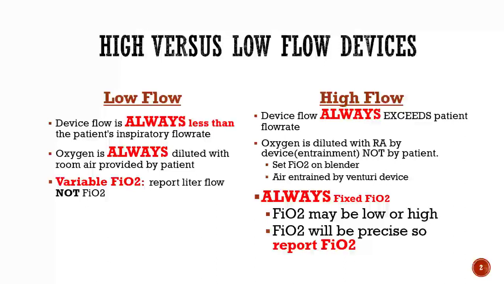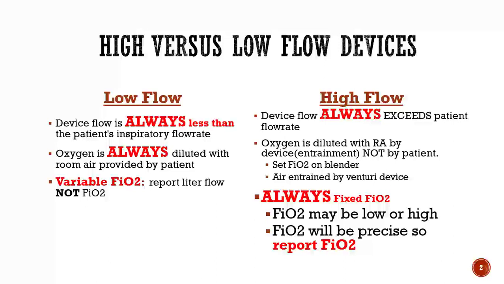So it is impossible for us to know exactly what percentage of oxygen is actually making it into their lungs. We know that a patient is on, for example, a 4-liter nasal cannula, but we don't know that the full percentage of oxygen from a 4-liter nasal cannula is getting into their lungs, because potentially that patient is bringing in larger amounts of room air than another patient is.